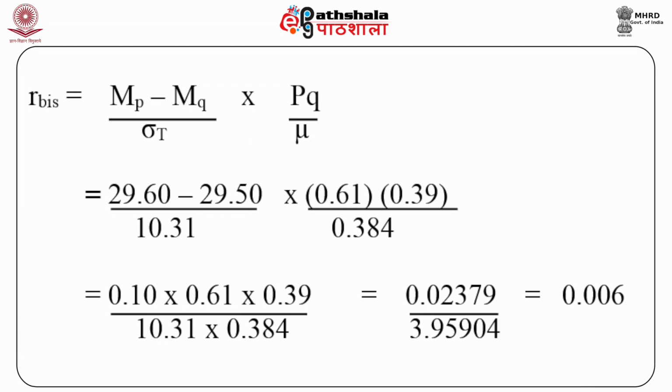Now, putting these values in the formula for calculating the biserial correlation coefficient, r bis is equal to Mp minus Mq divided by sigma t, multiplied by pq divided by mu.